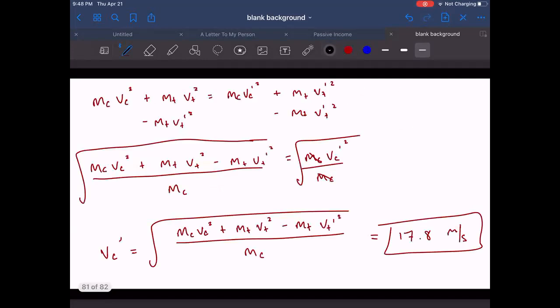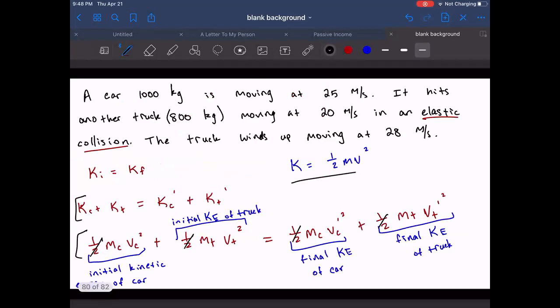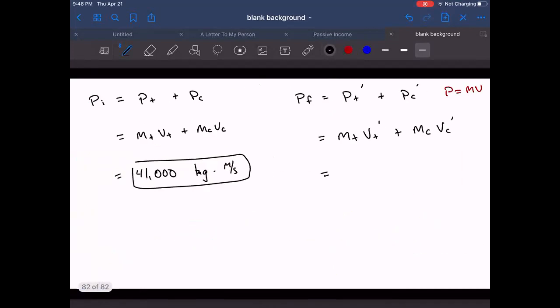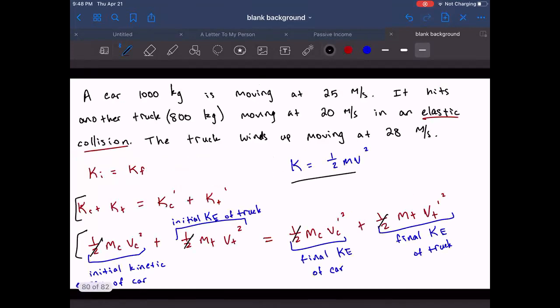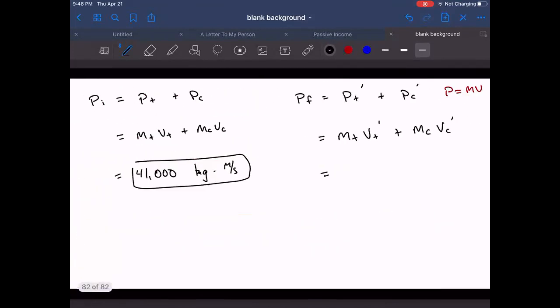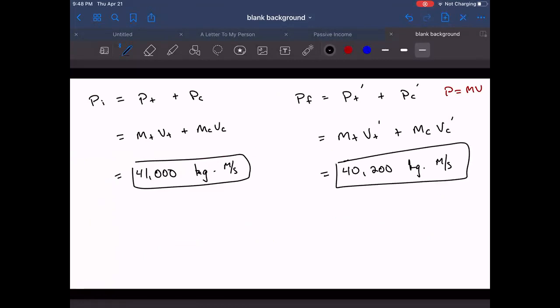So mass of truck is 800 times 28. That's its final velocity. And then the mass of the car is 1,000. We calculated how fast it was moving here, 17.8. So we get 40,200, whatever. But the point is, it's not the same as the initial momentum because we have some momentum loss in the collision.